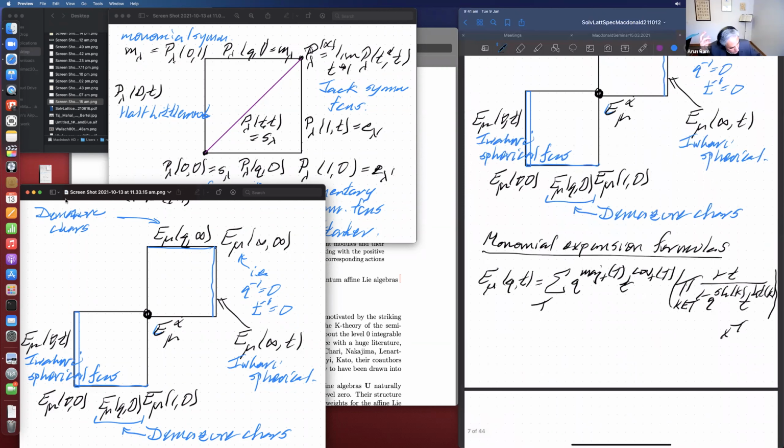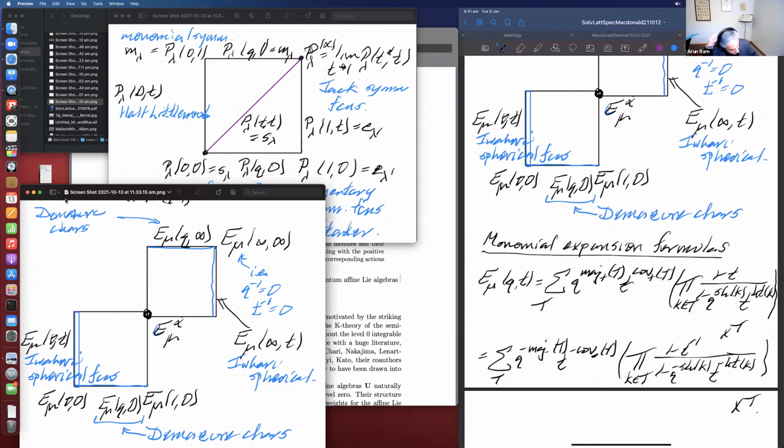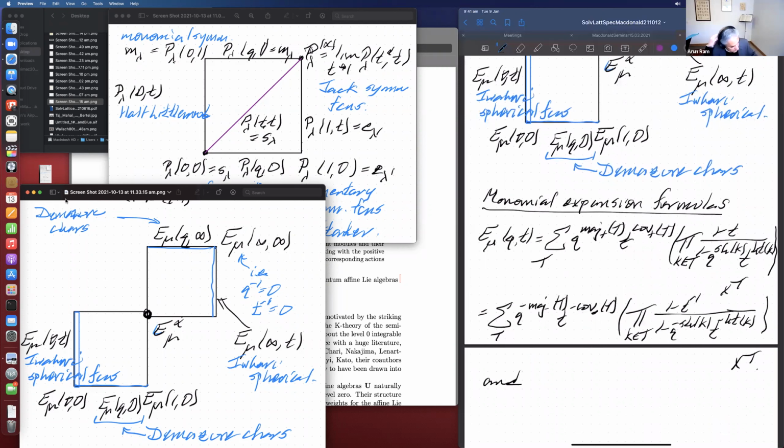And there's a similar formula, which is Q to the minus Maj minus of T, T to the minus Coinv minus of T, the product over K in T of 1 minus T inverse over 1 minus Q to the minus the shift of K, T to the minus the height of K, times X to the T. And you prove some things about this.